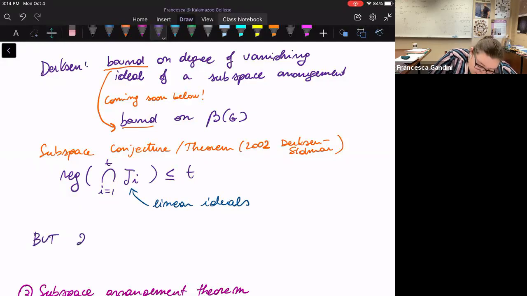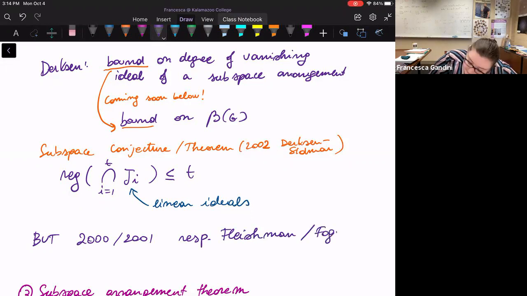But in 2000 and 2001, respectively, two people independently, Fleischmann and separately Fogarty, if I can spell, no, I think the H is there, Fleischmann and Fogarty proved this bound using some group theory techniques.